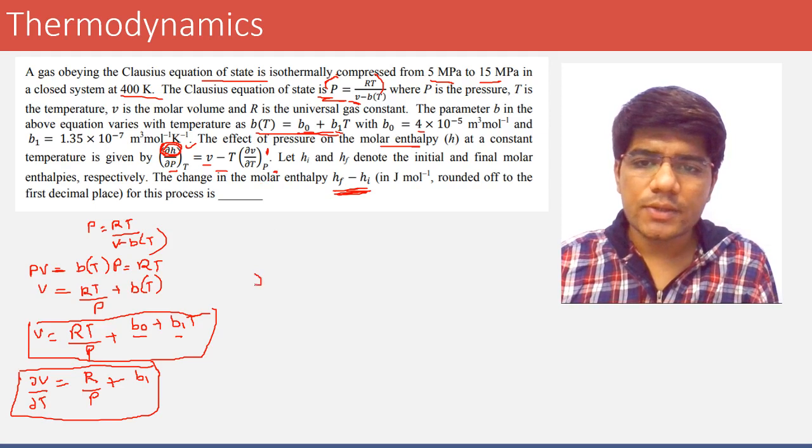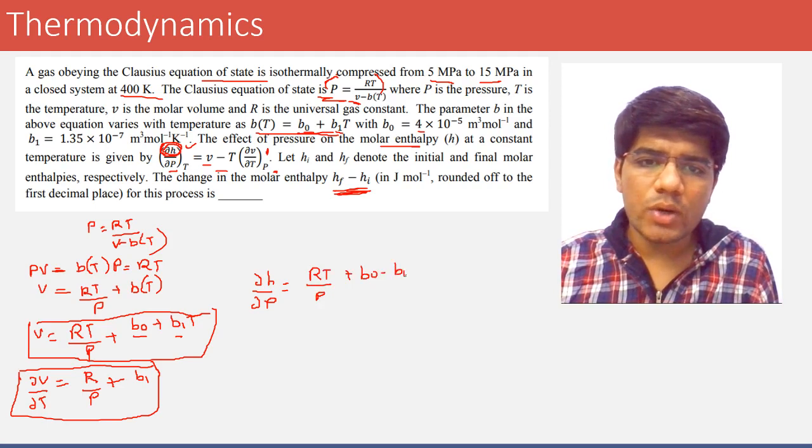So del H upon del P will be equal to, V is equal to RT upon P plus B naught minus B1T, minus T into, now del V upon del T at constant P will be equal to R by P plus B1.